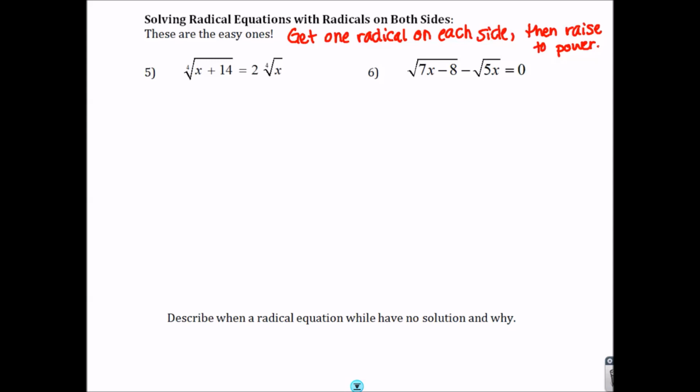So for this first problem, we already have one radical on each side of the equation, and they are fourth roots, so we need to raise both sides to the fourth power.